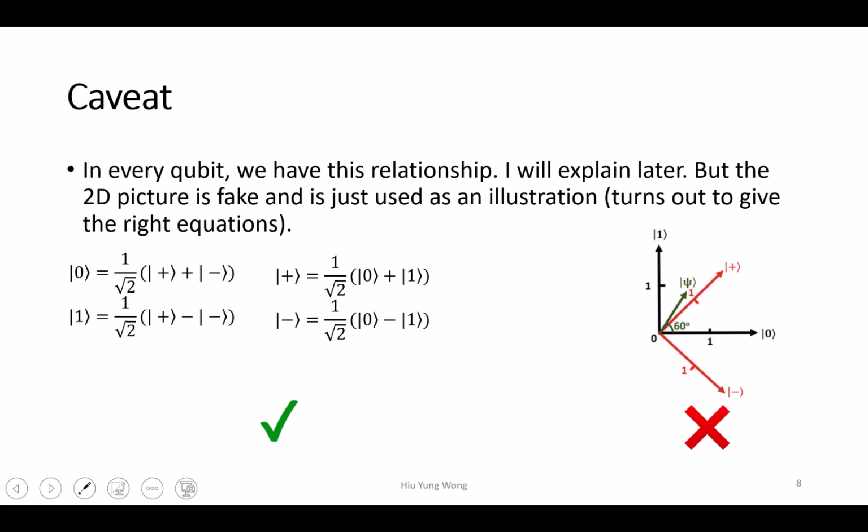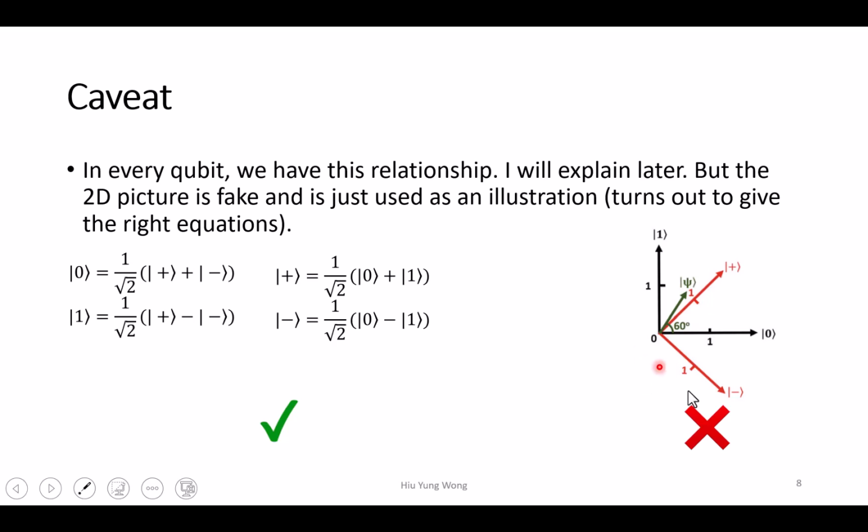It lives in a 2D complex plane. Because in this plane, all the vectors can only have real coefficients. You only can have psi equal to 5, 0 plus 1, 1, right? But in the qubit space, you can have psi equal to i|0> plus 1 minus i|1>.